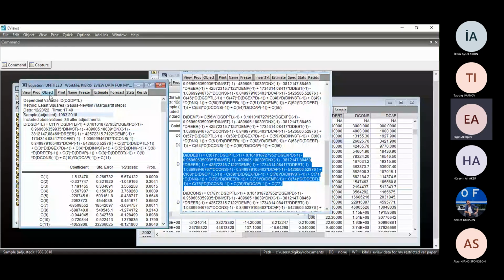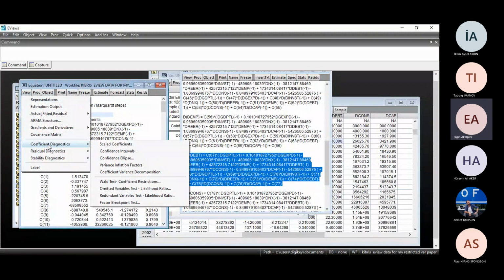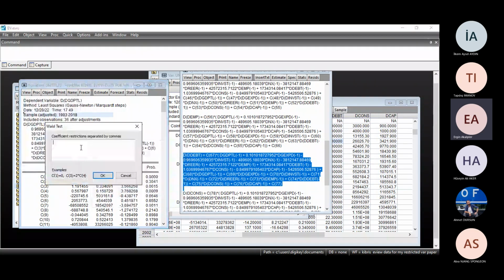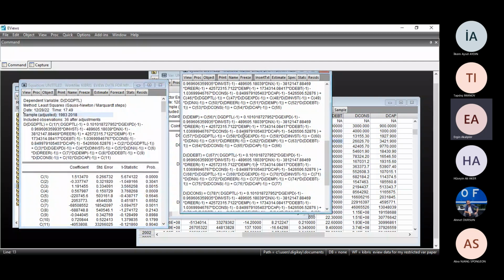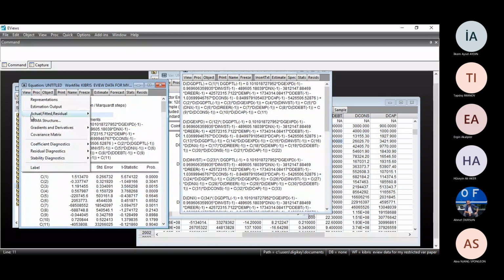Then we will go to View, Coefficient Diagnostics, and we have here the Wald test. We click here, and you write here which one we will do. Let me go up. Okay, I have to cancel this.